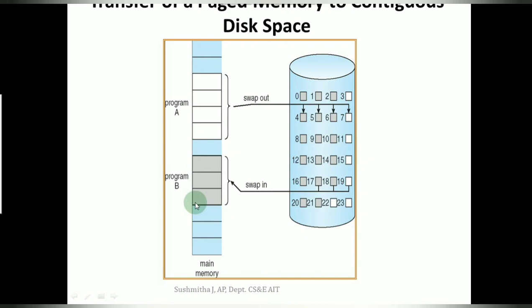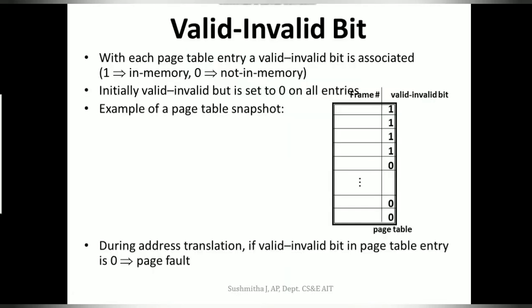Now let us see how we do the same. We do it with the help of the valid and invalid bit. If you remember, in the last class we had discussed protection. During protection we spoke about this valid and invalid bit.